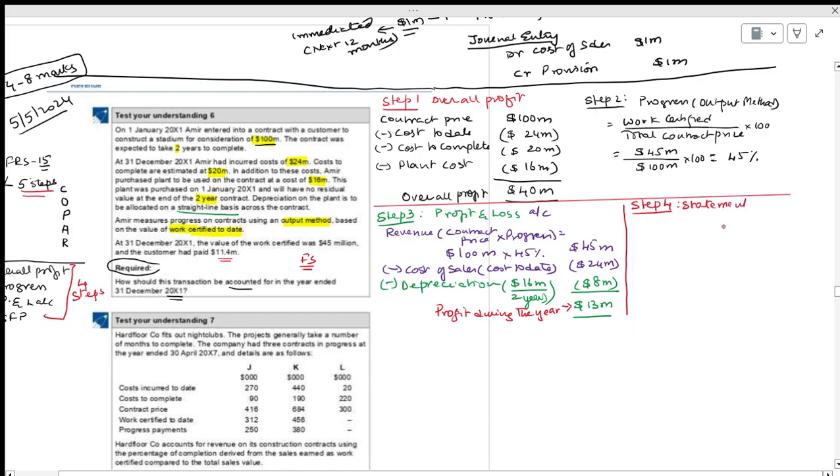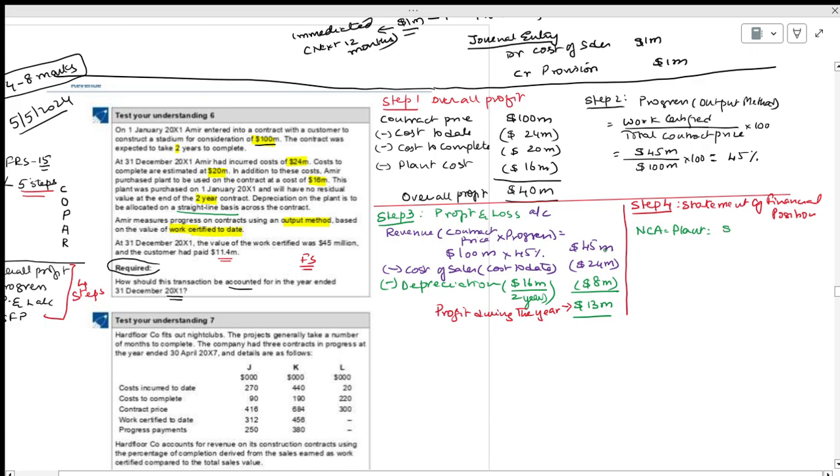The statement of financial position. Now what we are going to show is the statement of financial position. Non-current assets: plant.